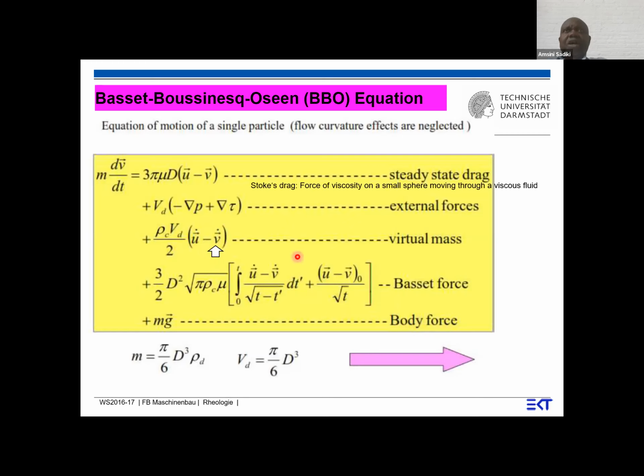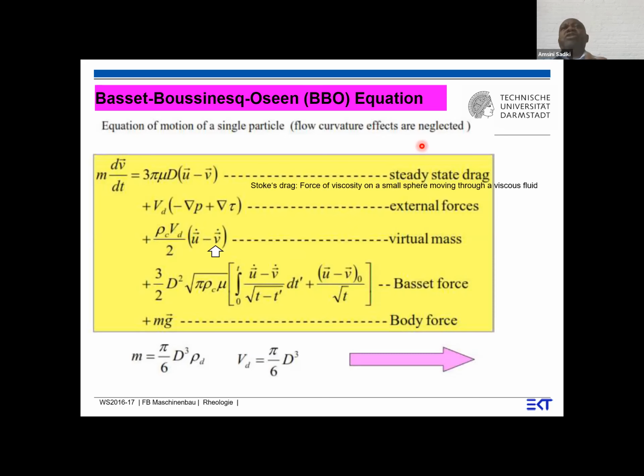How to do this? The objective is to transform this equation so that we are able to account for the effects which allow us to quantify and say this force is necessary, is essential, or is important or relevant. So we consider that the flow curvature effects are neglected.